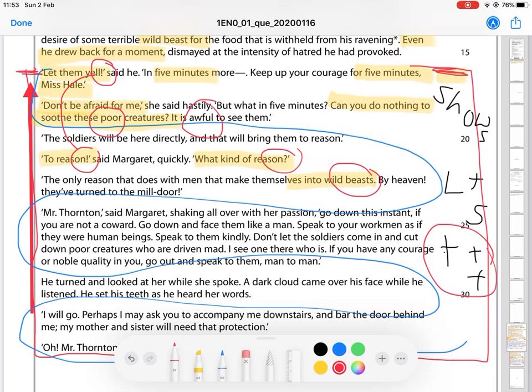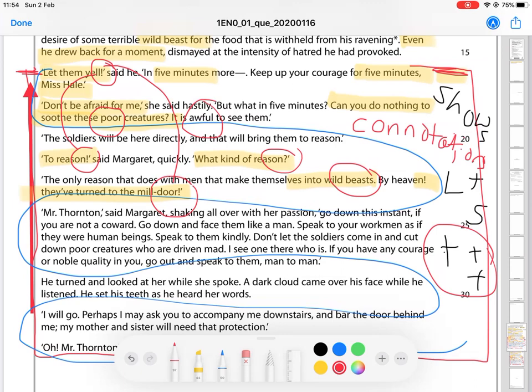Language and structure, I'm always looking for this word. Connotations. What are the connotations of wild beasts? Well, I'll leave that one to you. By heaven, they've turned to the mill door. Oh, what's he using again? Look at this, eh? Are we seeing a correlation with this guy's attitude? I think so. He's definitely getting uptight.